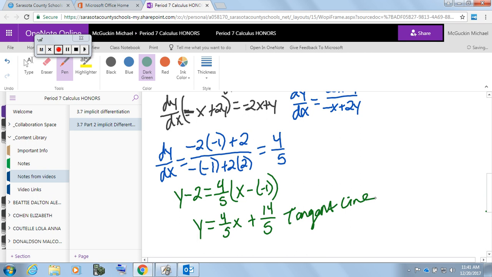Well, remember, it said one step further, and it wanted to find the actual equation for the normal line. The normal line really is just the opposite reciprocal because we want it to be perpendicular to it. So we use the exact same point, negative 1 comma 2, and just make the opposite reciprocal slope.